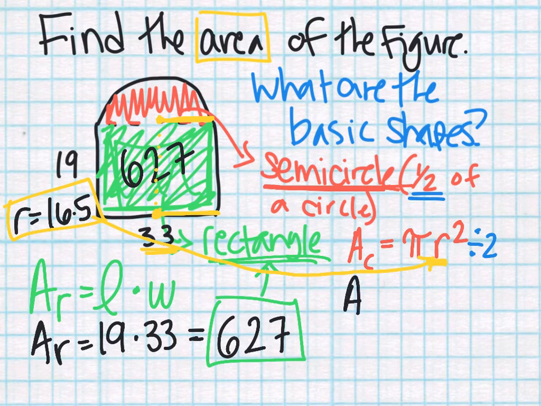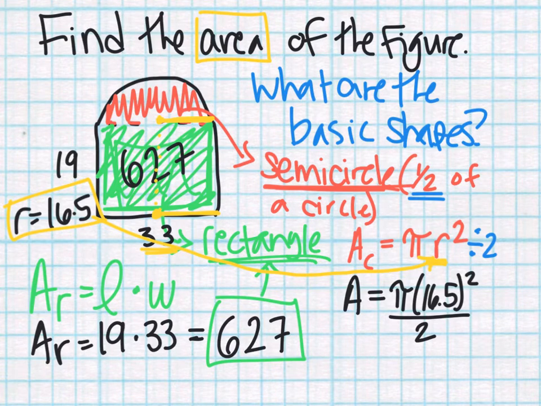So the area of this semicircle is equal to pi times 16.5 squared. And then I'm going to divide all that by 2. So 16.5 squared is equal to 272.25.